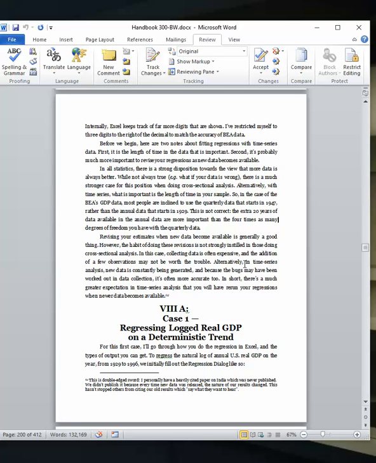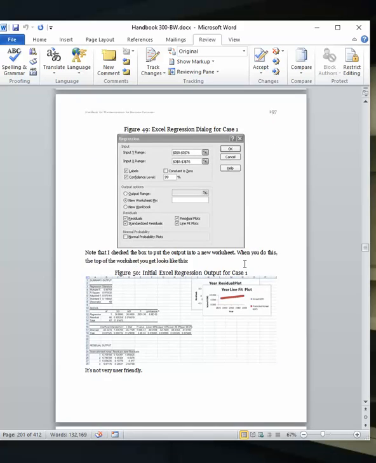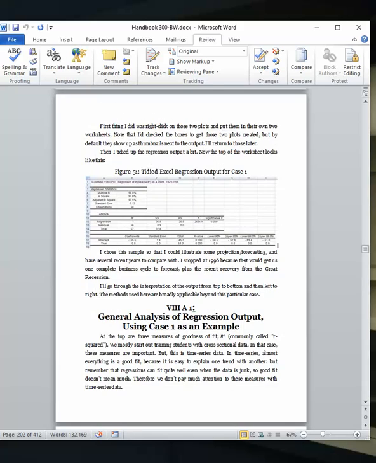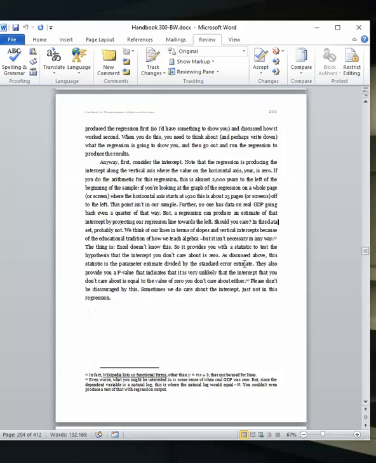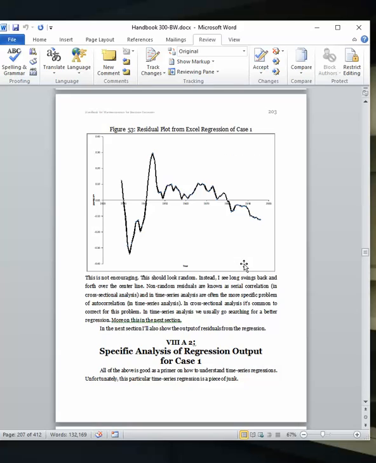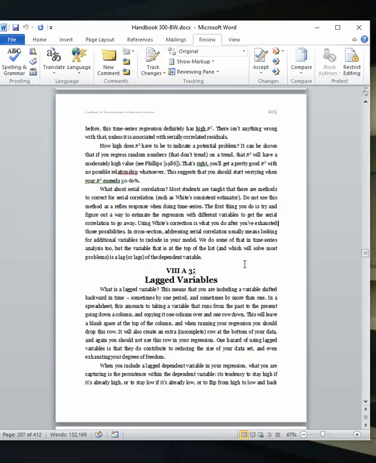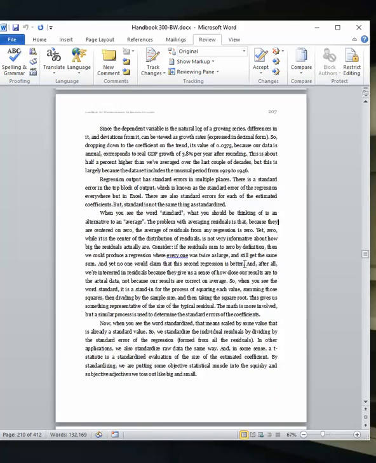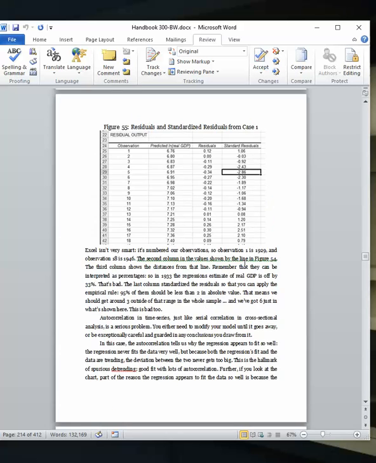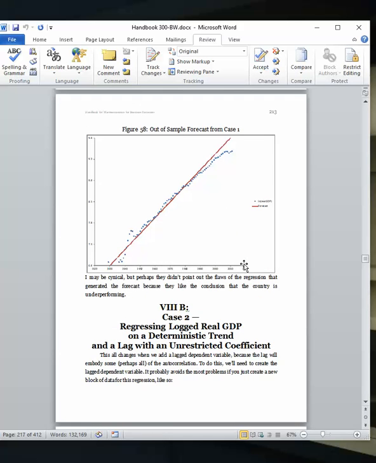So after going through case 1 here, and I'm going to go out several pages now. So I am now on, that's more than I thought. Okay, I'm on page 213 where we talk about case 2.